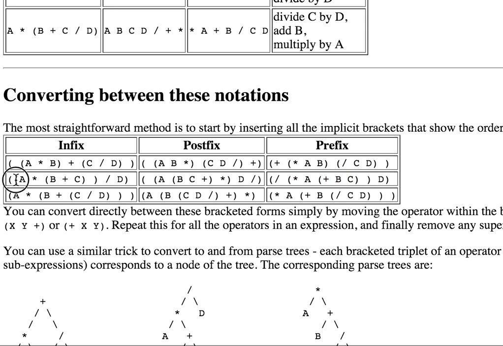This is an operand divided by d, so operand, another operand, and operator in between. This operator goes to the beginning, so division is at the beginning, then this operand, and then the next operand. After you have this, you can just remove all the parentheses to have the prefix notation.